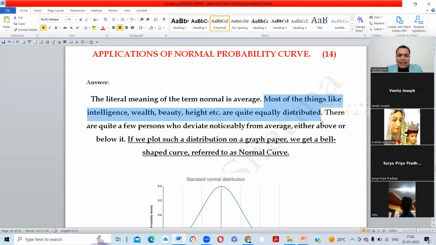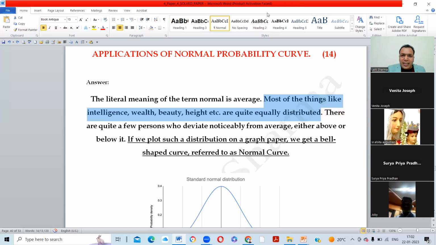Most of the things like intelligence, wealth, beauty, height are quite equally distributed. When you talk about the height of all the persons of India, it is normally about 5'7", 5'6", 5'8". When you talk about 6.5 foot, 7 feet, those persons are very few. So average persons.